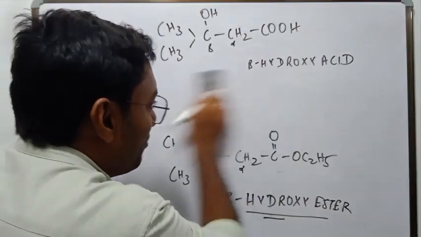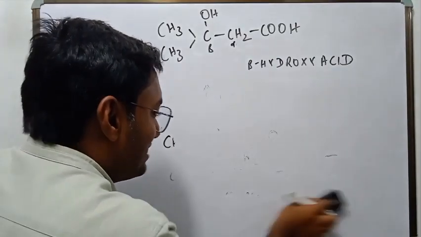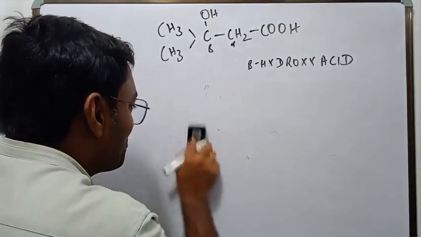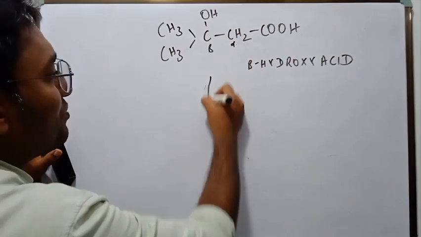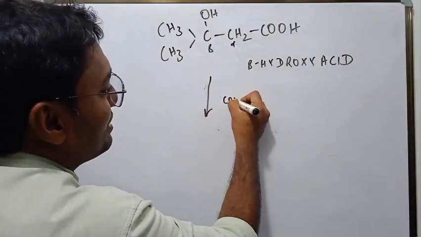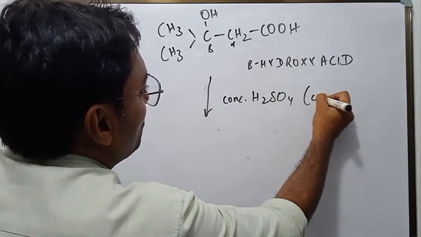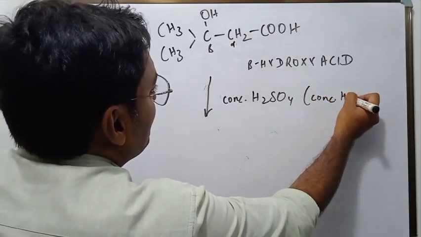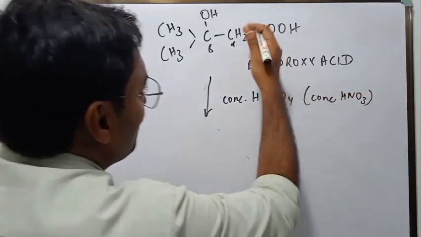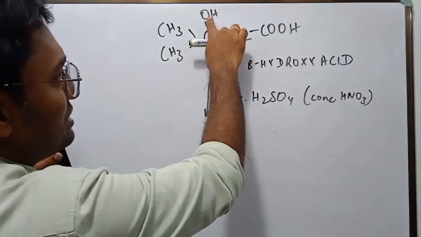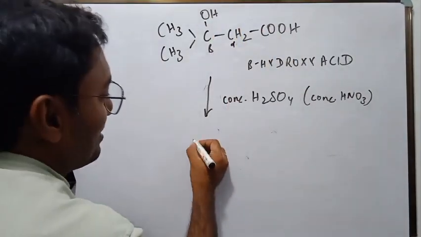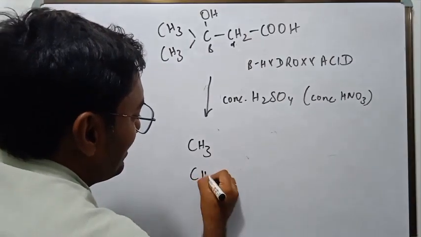Now if you get a beta hydroxy ester, you can make one more thing. If you are using a dehydrating agent like conc H2SO4 or conc HNO3, what will you get? OH will go from here, H will go from here, so you will get something like this.